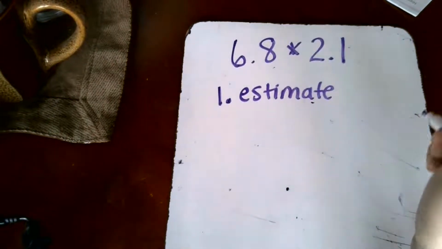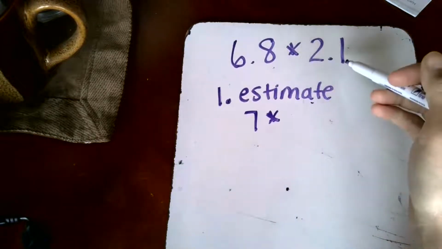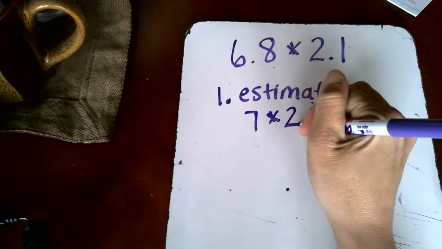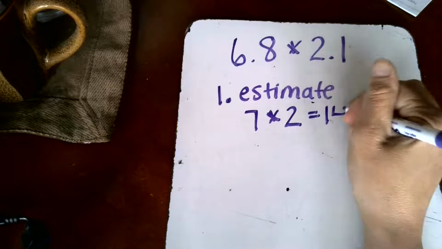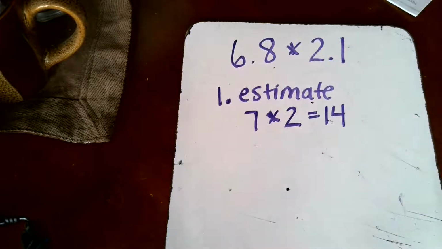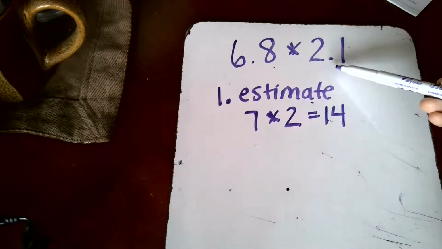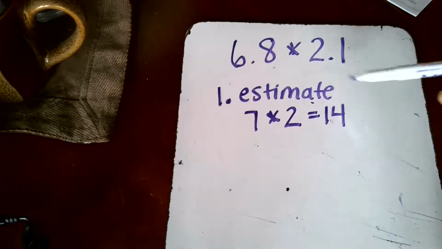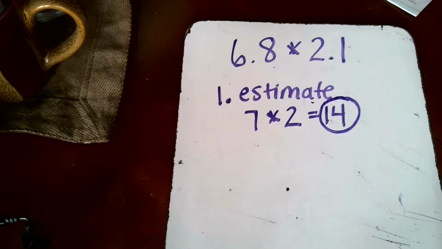So I'm going to change 6 8/10 to 7, and 2 1/10 to 2. This would be your estimate, and when I multiply that out, I get 14. So for our first step, our estimate is 14. What does that mean? Why do we do that? That means that when we multiply 6 8/10 times 2 1/10, our answer is going to be pretty close to 14. It's not going to be exactly 14, but it's going to be pretty close.